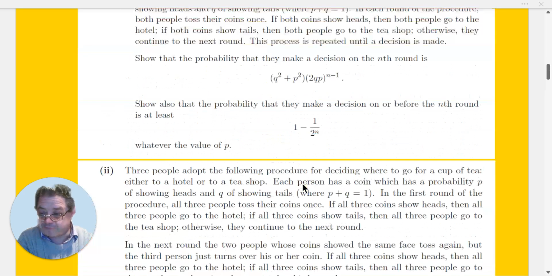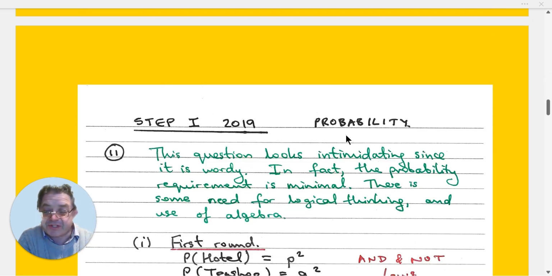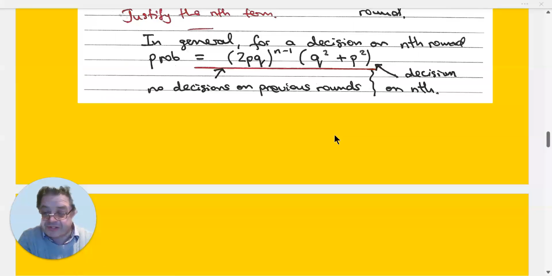Back to the question. Now we've got that, show also that the probability they make a decision on or before the nth round is at least 1 take (1 over 2) to the n, whatever the value of p. So this isn't really about probability, this is about adding up series.